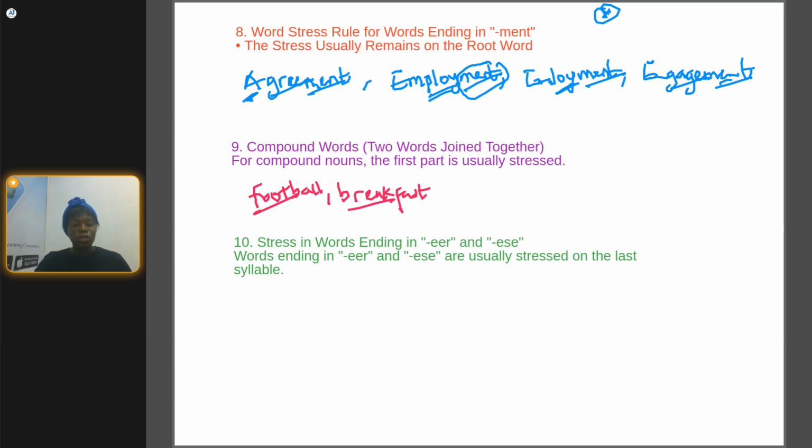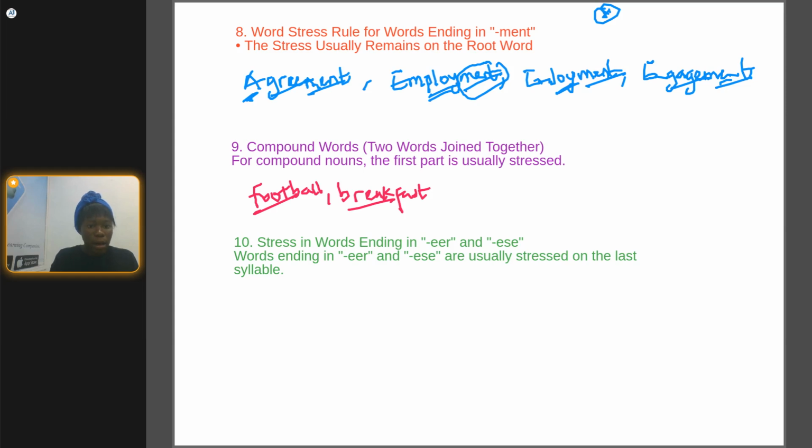So this one gives it away because you don't need to stress yourself. You don't need to be looking for which one. Just know that the last syllable is the stressed syllable. The last syllable in words that end with EER or ESE is the stressed syllable.